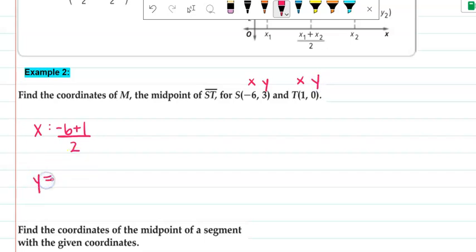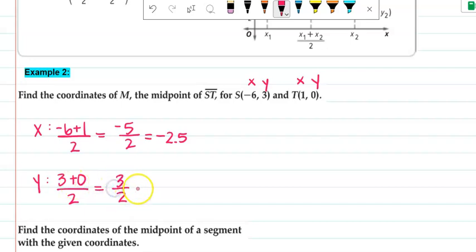So that is what? 3 plus 0 over 2. So -6 plus 1 would be -5. And then this really can't be simplified. So if you want to leave it as -5/2, that's okay. If you are more of a decimal person, this would be -2.5. Again, both equivalent answers. Not going to be a stickler about that.